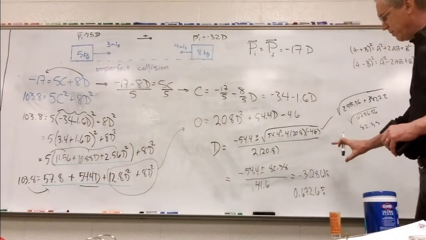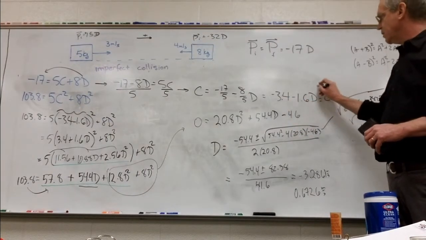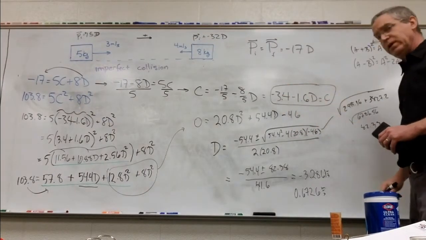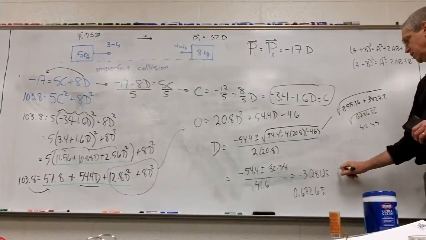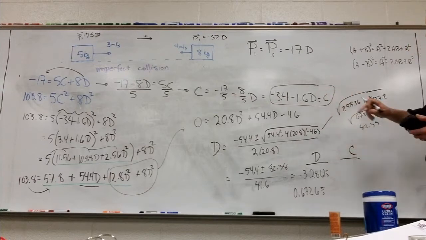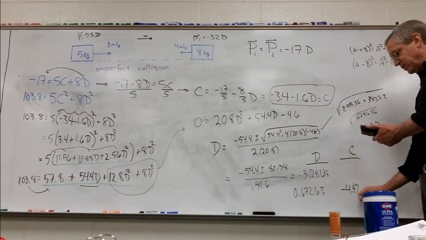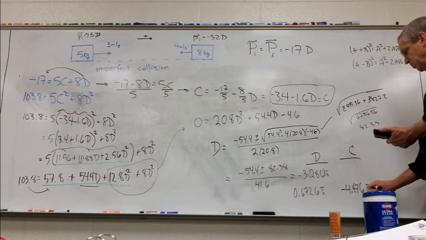All right, so I have my two answers here. I do have a formula for C right here. And so I can just plug straight into that formula to get my values for C. So if that's my values for D, my values for C, plug it into that formula. So I take the second one, 1.6 times negative, and then 3.4 minus. So this would be negative 4.476 meters per second.